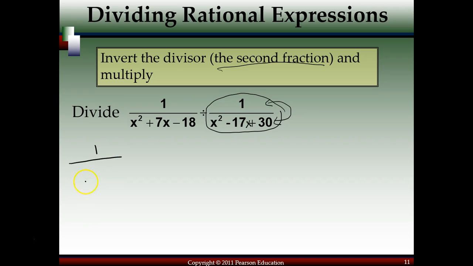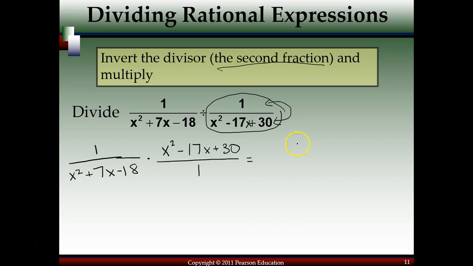Okay, so we have x squared plus 7x minus 18, and multiplying that to, we're flipping it, remember, so x squared minus 17x plus 30 all over just 1.